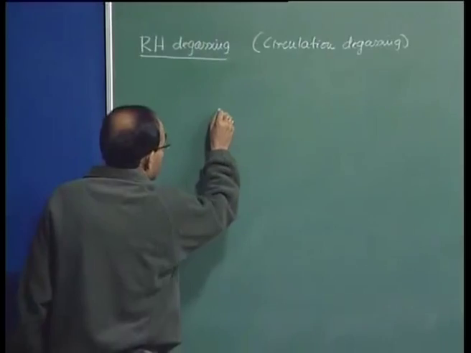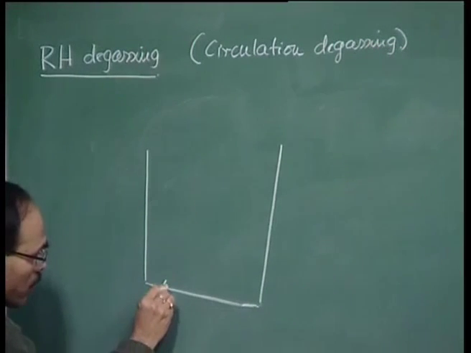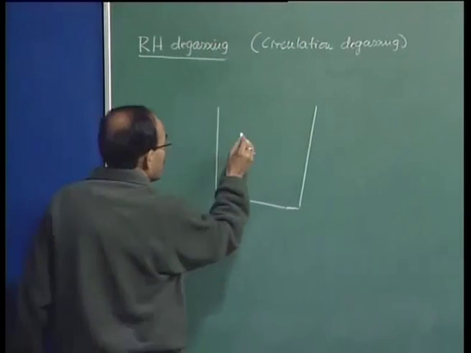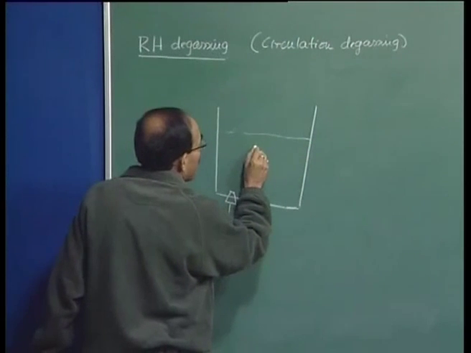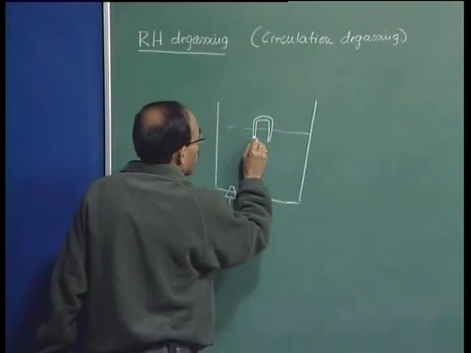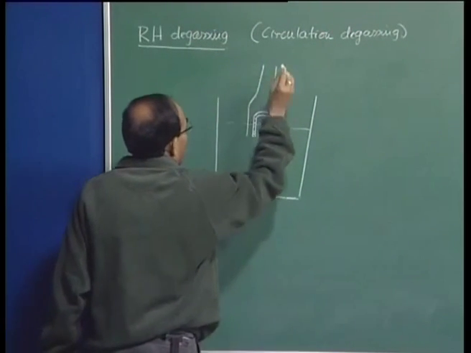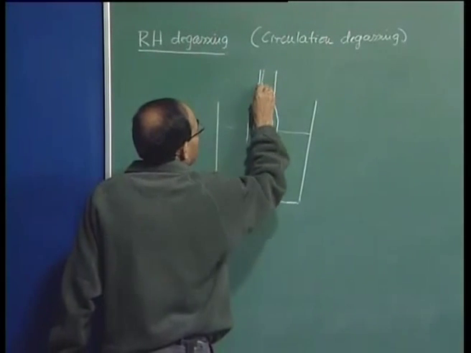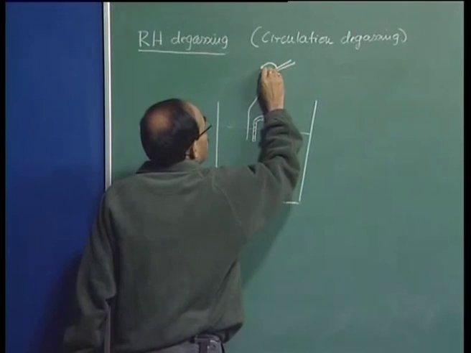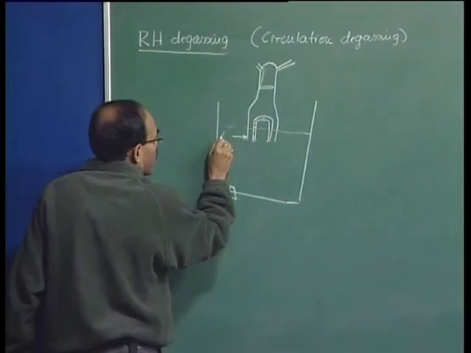Now, the ladle is here, the porous plug through which argon is injected is here, and then we have argon again here.